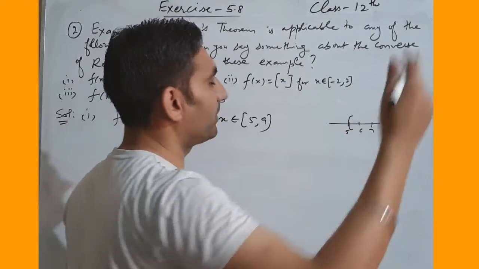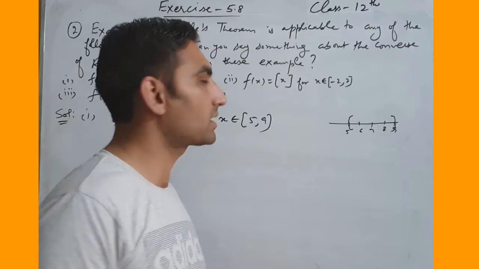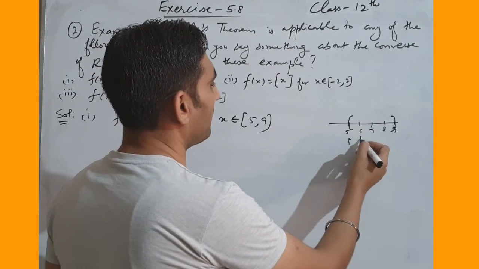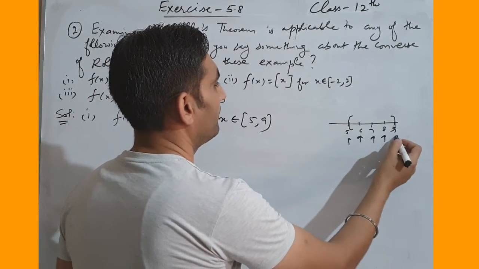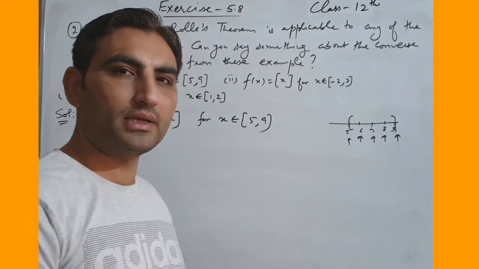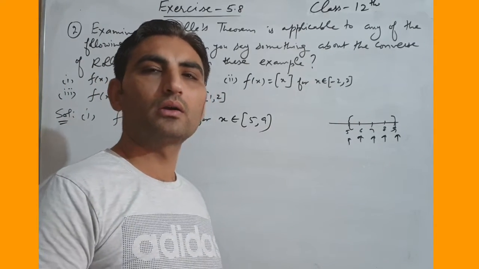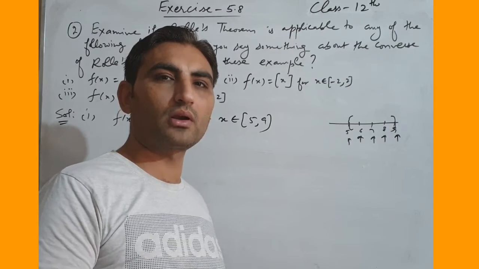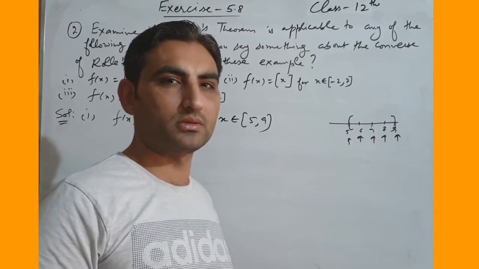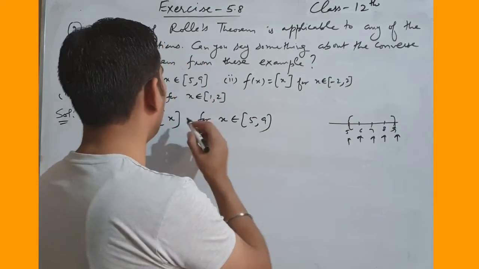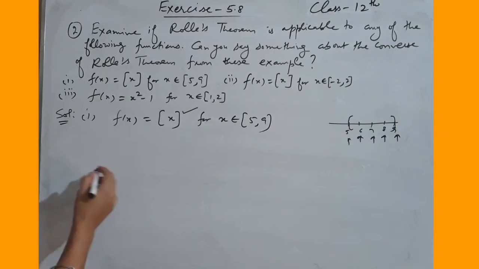In between there are so many numbers if we think about real numbers. But on these proper values of integers, your greatest integer function will never be continuous. And if it is not continuous, it will not be differentiable also. So you have to remember it for the greatest integer function. So I have to write it.